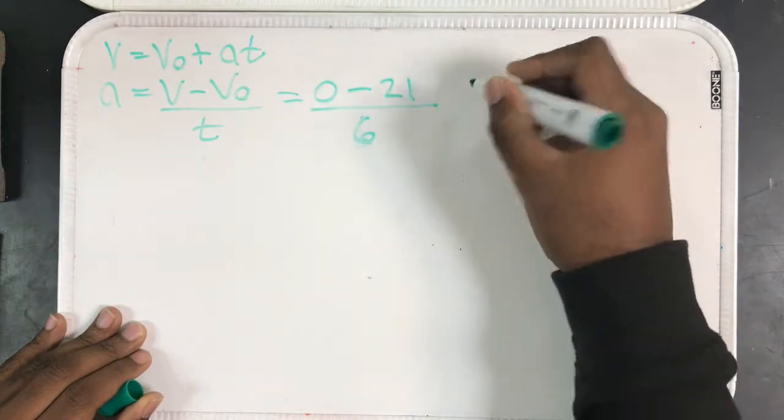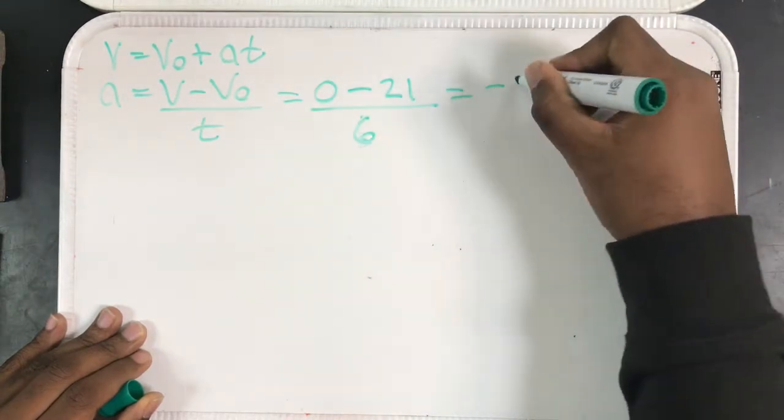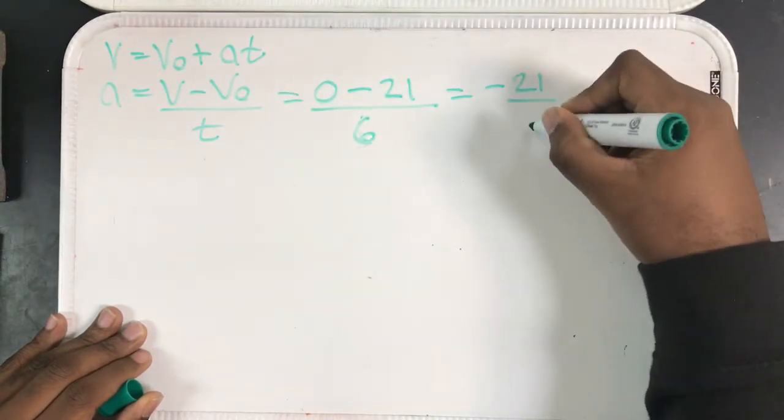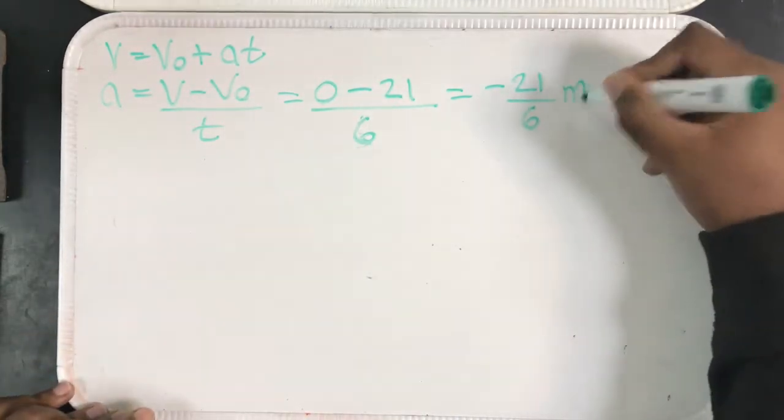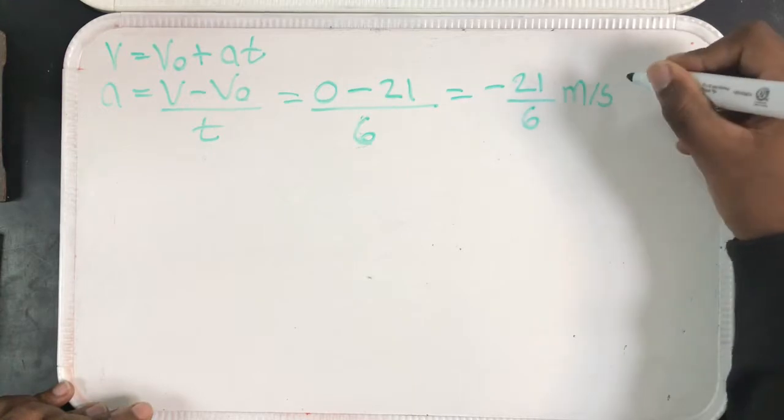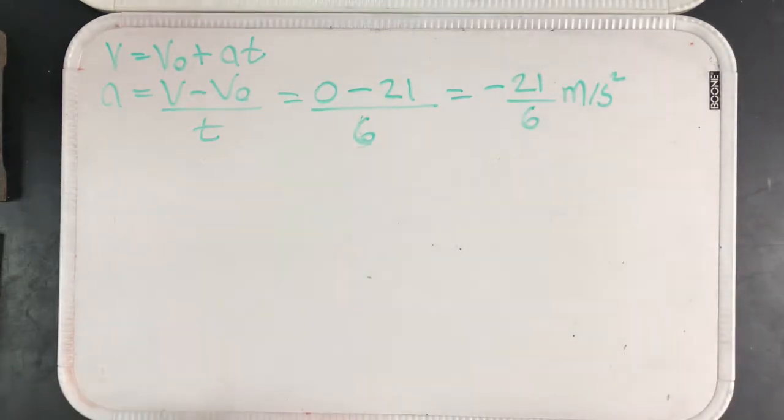Time is 6. So I have negative 21 divided by 6 meters per second squared. Units are very, very important. And you can see that it's negative, and it makes sense because the object is slowing down. So the acceleration is acting in the opposite direction of the motion.